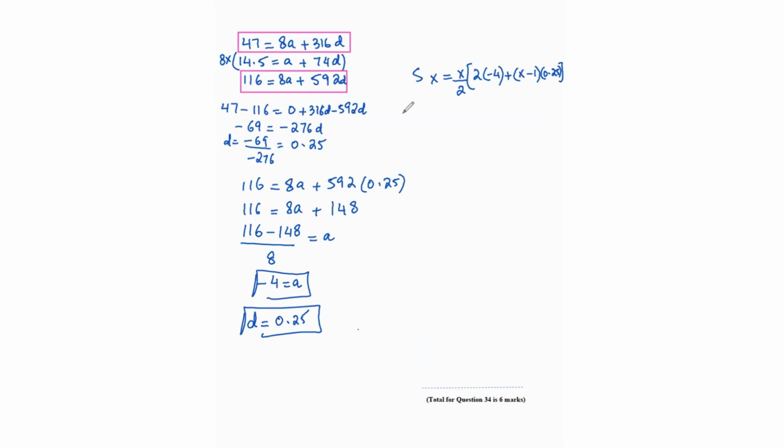So the sum of the first x terms is 171 equals x over 2 times negative 8 plus 0.25x minus 0.25. Multiply the 2 with 171. So that's going to give us 342 equals x times negative 8 minus 0.25, which is negative 8.25, plus 0.25x.